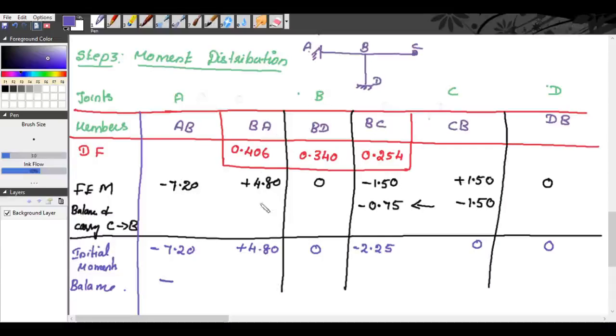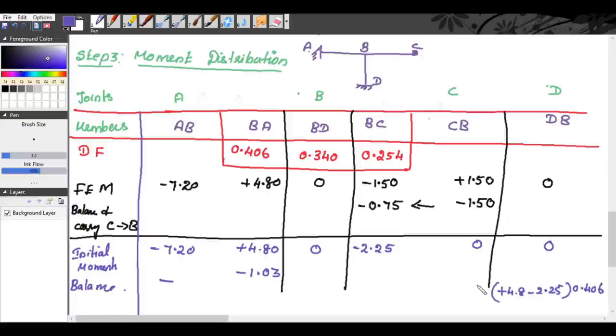At B, plus 4.80 minus 2.25 multiplied by the distribution factor 0.406, we get plus 1.03. So balancing, it is minus 1.03.